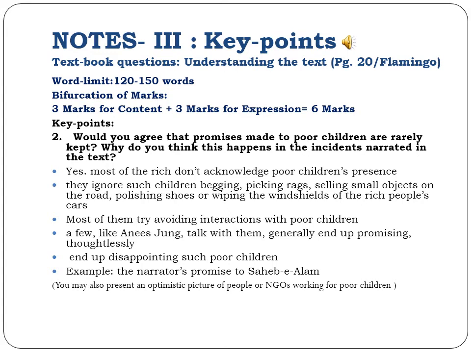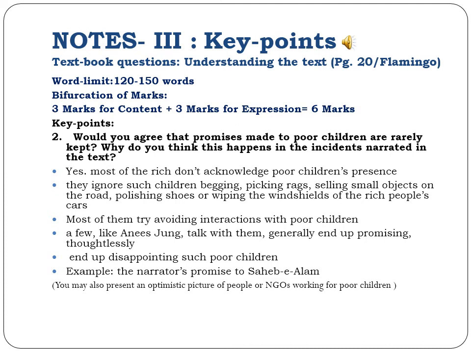Second question. Would you agree that promises made to poor children are rarely kept? Why do you think this happens in the incidents narrated in the text? Students, you may include the following points to frame your answers. Yes, we do agree. Most of the rich don't acknowledge poor children's presence.